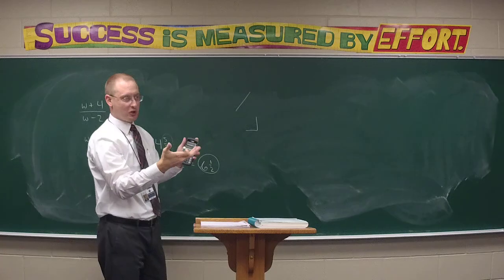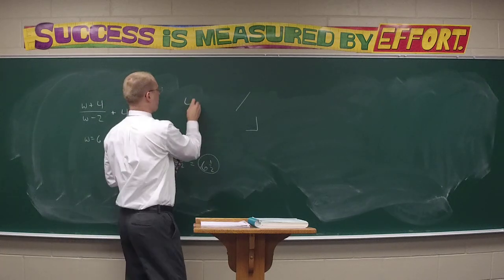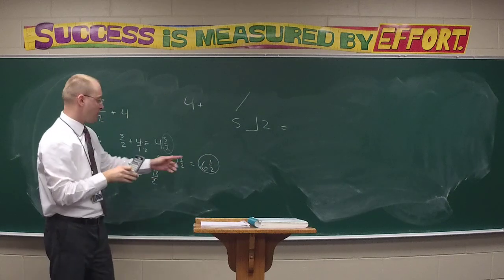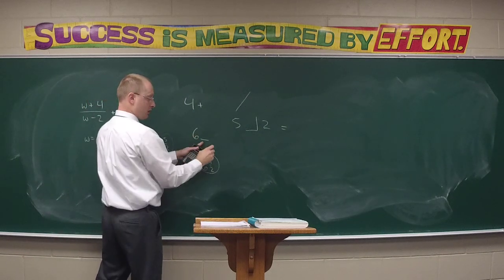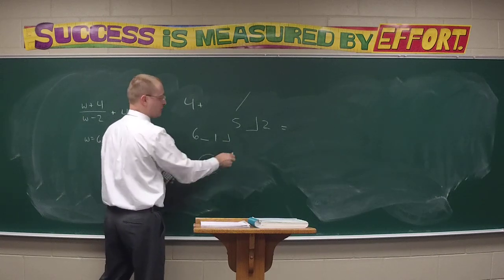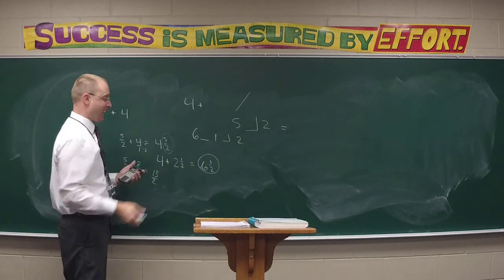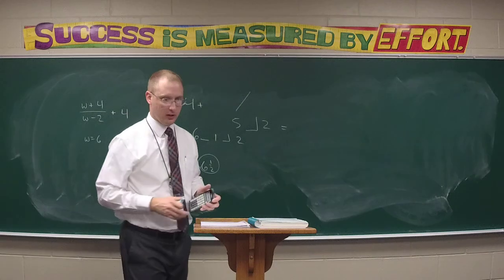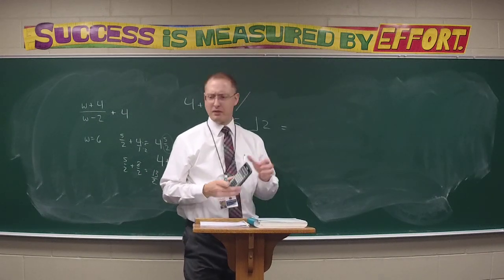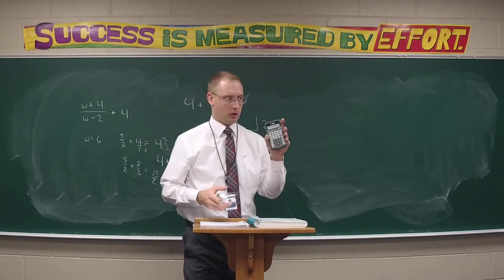It's their best approach to a slant. So you should see 4 plus, and then 5 fraction 2, and it equals, and it gives you 6, a spacer, 1, then that weird backwards L slanty fraction bar, 2. 6 and 1/2. So you can put it directly on the calculator and let it do all the work for you. Feels good to be in 10th grade. Anyone have a different calculator from mine, not able to follow along?